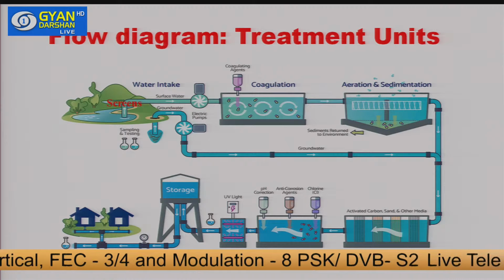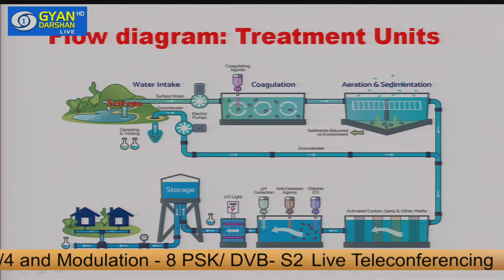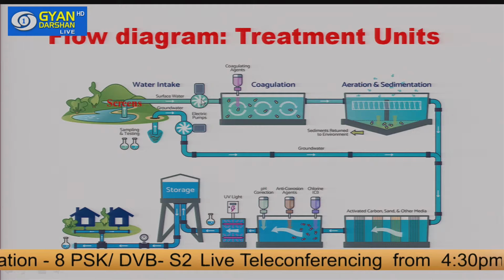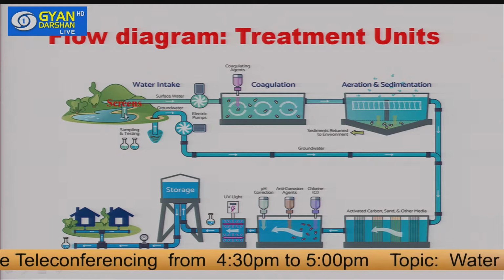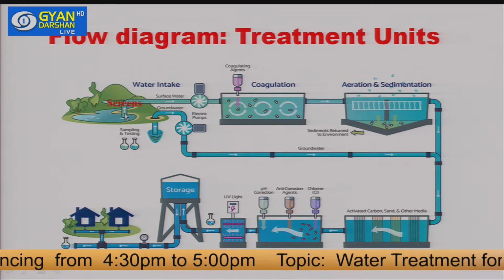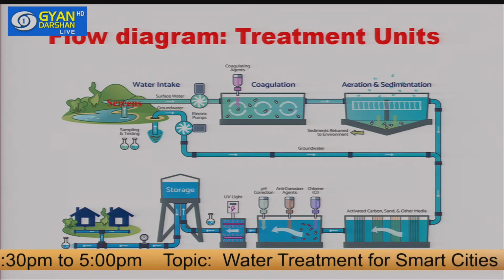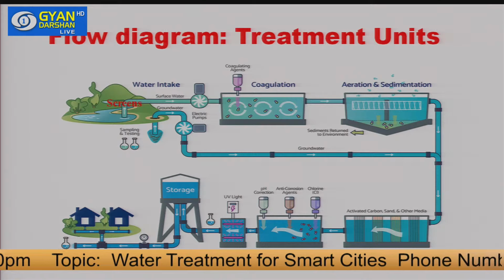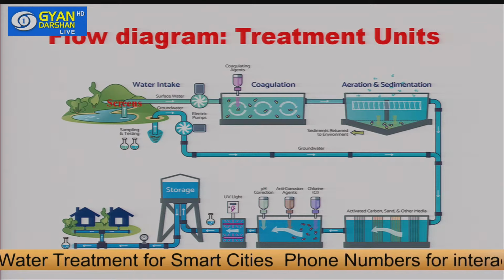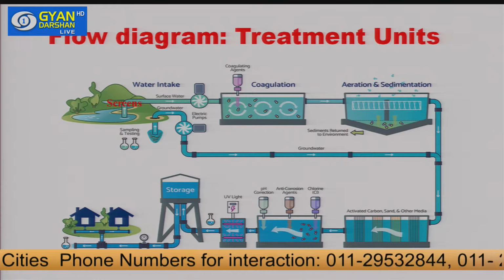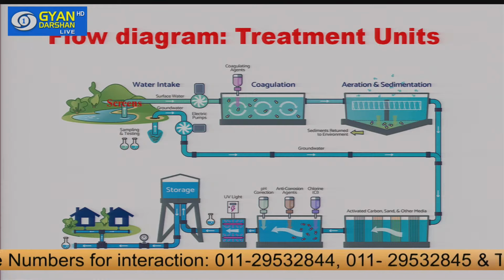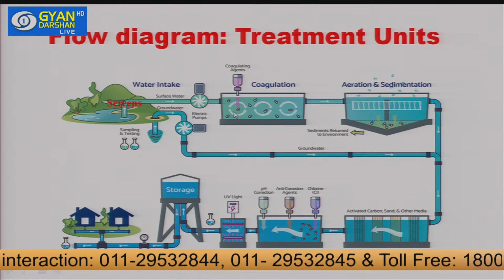So first of all, when we are taking this water, it is pumped to the different units. The first unit, near the source only, uses screens to remove the floating objects. First we remove the floating objects, then the water is pumped to other units.